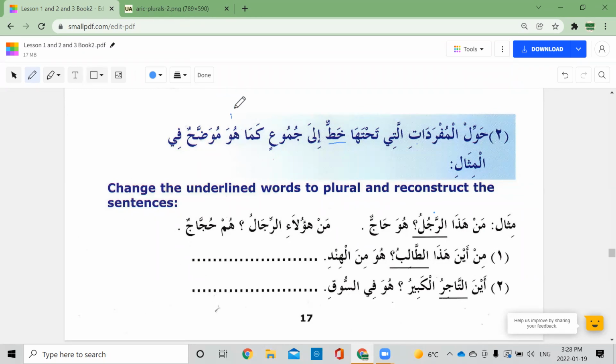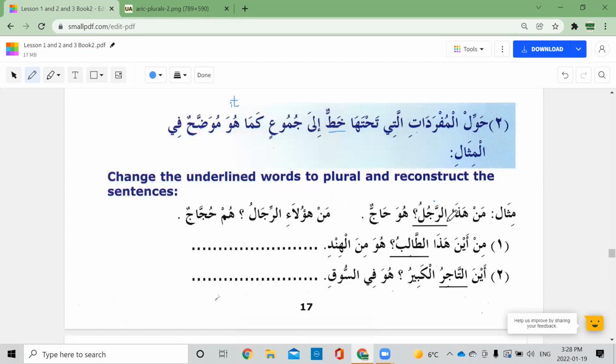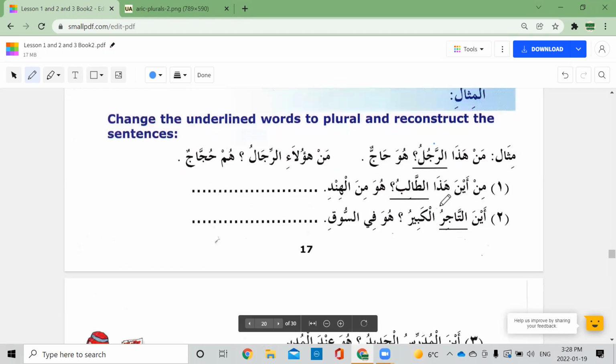We're not translating it to he, it's it, because it is referring to mufradat, the words. Okay, ma'am. Kama huwa muwaddahun. Muwaddahun means how it is shown. For example, in Urdu there's a word wadih. How it's shown in al-mithal, the example. So just change the underlined words to plurals, how it's done in the example. Similar to the example. Okay. Go ahead.